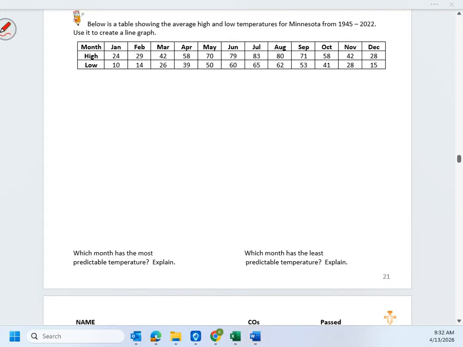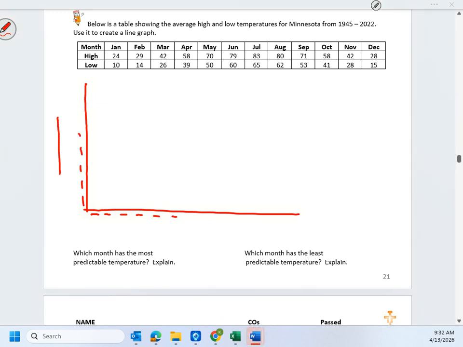So you're going to have your X and Y axis. You're going to have what we're putting on that X-axis, what we're putting on our Y-axis. You're going to need labels. You're going to want to give this a title. What is this graph showing me? So make sure you include that title.